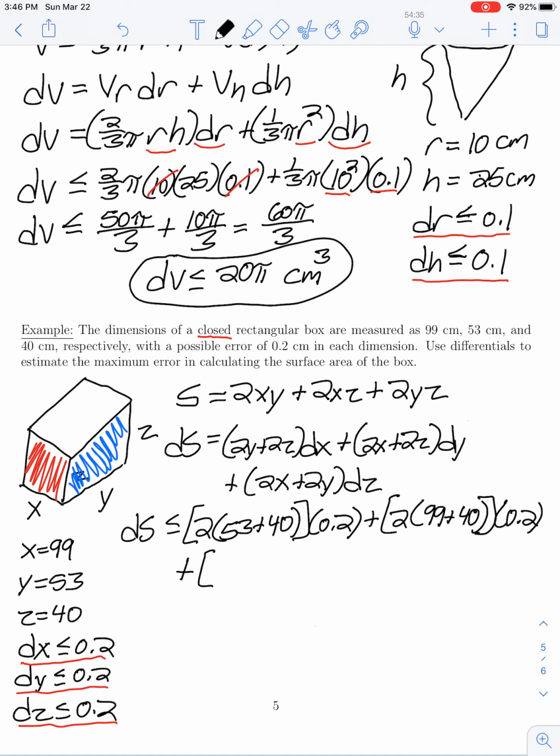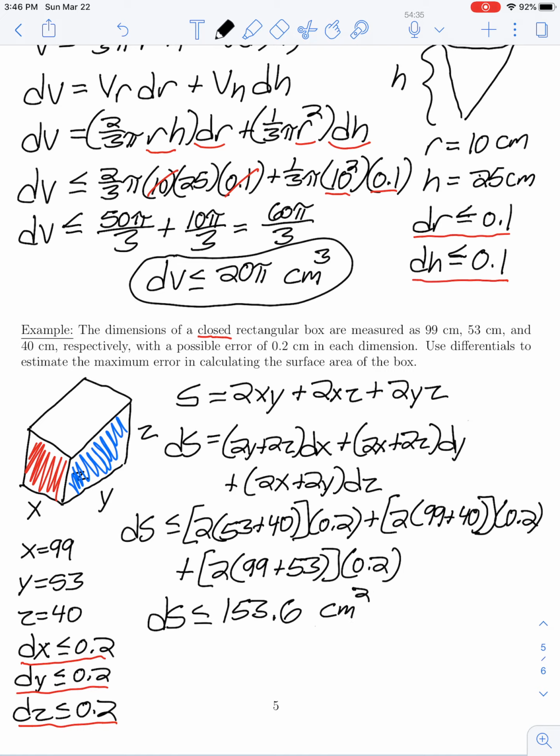And then for our last quantity, we have 2 times x plus y, which would be 99 plus 53, times our maximum value for the differential of z, which was 0.2. So if we simplify this quantity, we end up with the maximum value for this differential as 153.6. And since we're talking about area here, we were measuring in centimeters, area would then be in square centimeters.